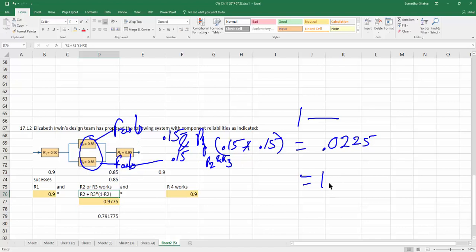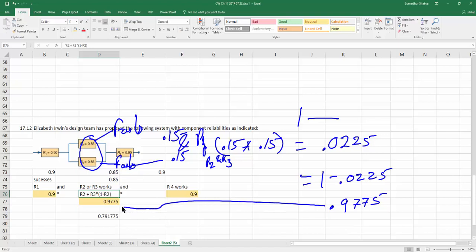So 1 minus 0.0225, you will have the resulting value as 0.9775. Remember this is same as this one, correct? So that's another way of doing it. Whichever way you like. This one is like doomsday: if none of them work, then it's easy to add the failure rate.